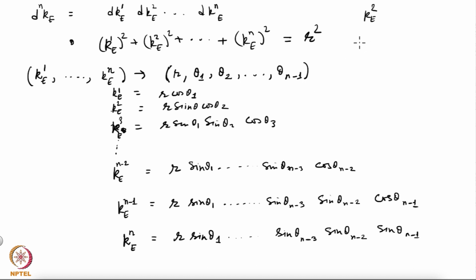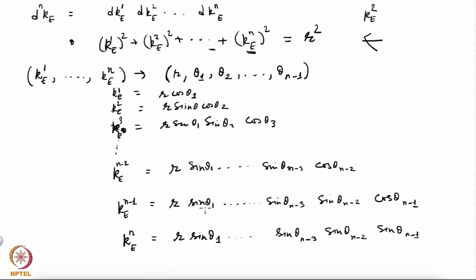Okay. And I want to have this: if I sum the squares, I should get r squared, a constant. Okay. And that would mean that I am using a spherical coordinate system. So, let us take ξ_n and square it, and take ξ_{n-1} and square it and add the two.